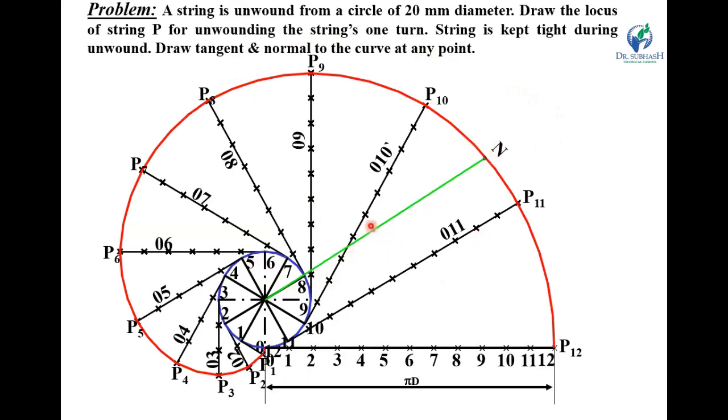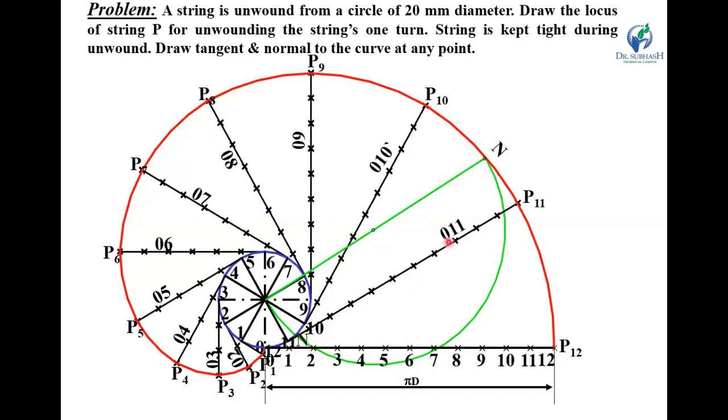Taking this midpoint as the center, draw a semicircle whose diameter is equal to this line, that is, with radius equal to the distance to that point A. Now this semicircle will intersect this circle at this point.